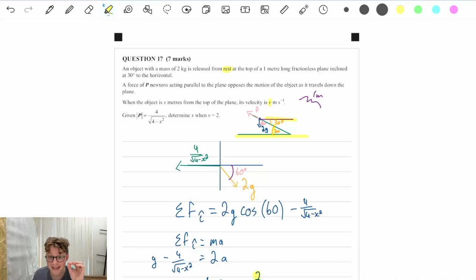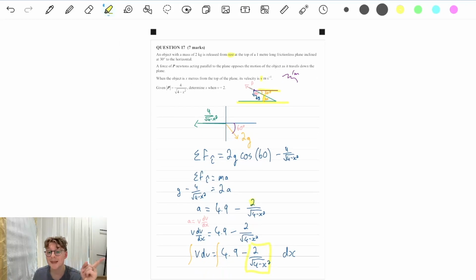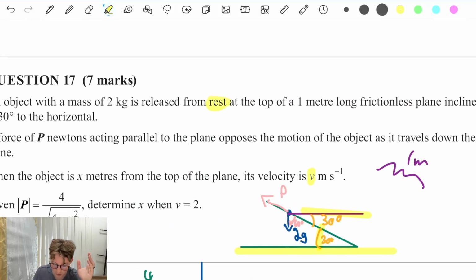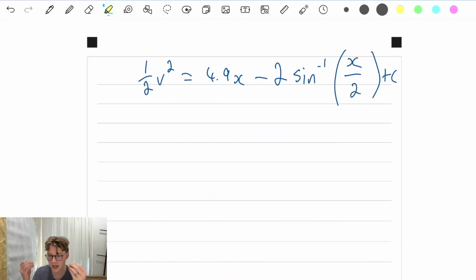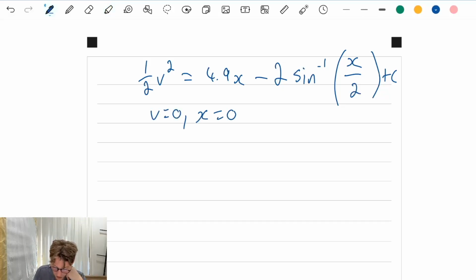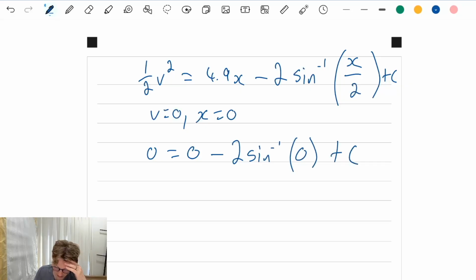So I know at rest means my velocity equals 0 when my position equals 0, at the top. We're going to say the top is the starting point, so x equals 0. If I substitute v equals 0, x equals 0 into my equation, I get a half times 0 squared, that's 0, equal to 4.9 times 0, which is 0, minus 2 sine to the minus 1 of 0 plus c.